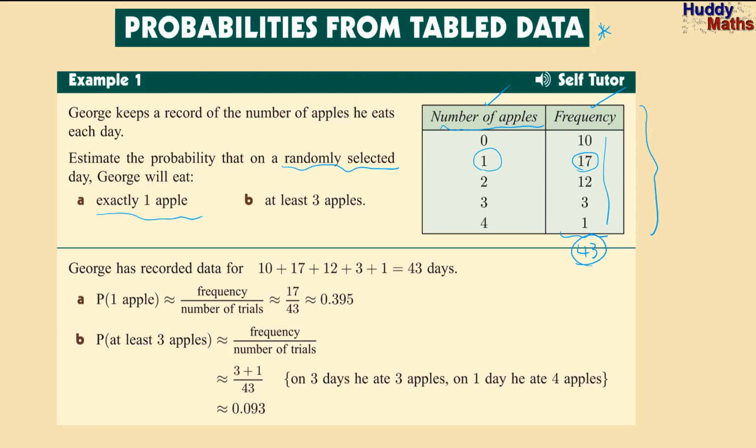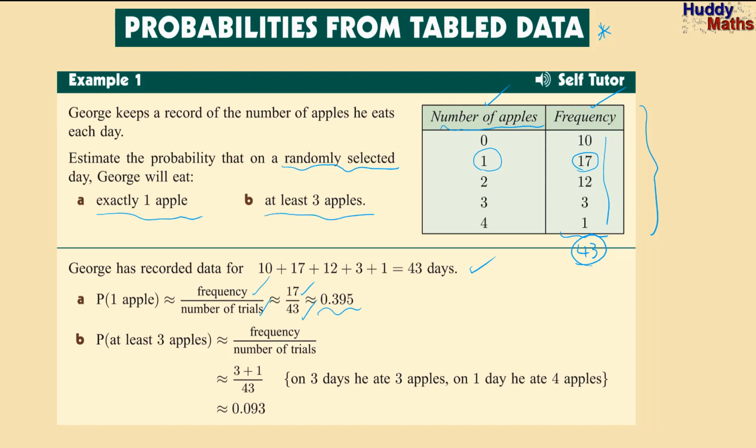So the total number of trials of the experiment was 43. So the probability of eating 1 apple was the number of times it occurred, 17, over the total number of trials. So we would say it's approximately 0.395 is your probability that he will eat 1 apple a day.